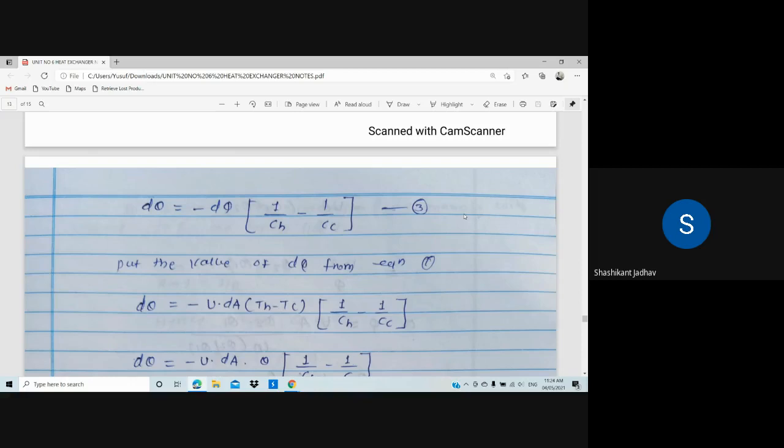Okay, so write down d theta is equal to, instead of dQ we write U into dA into bracket Th minus Tc.